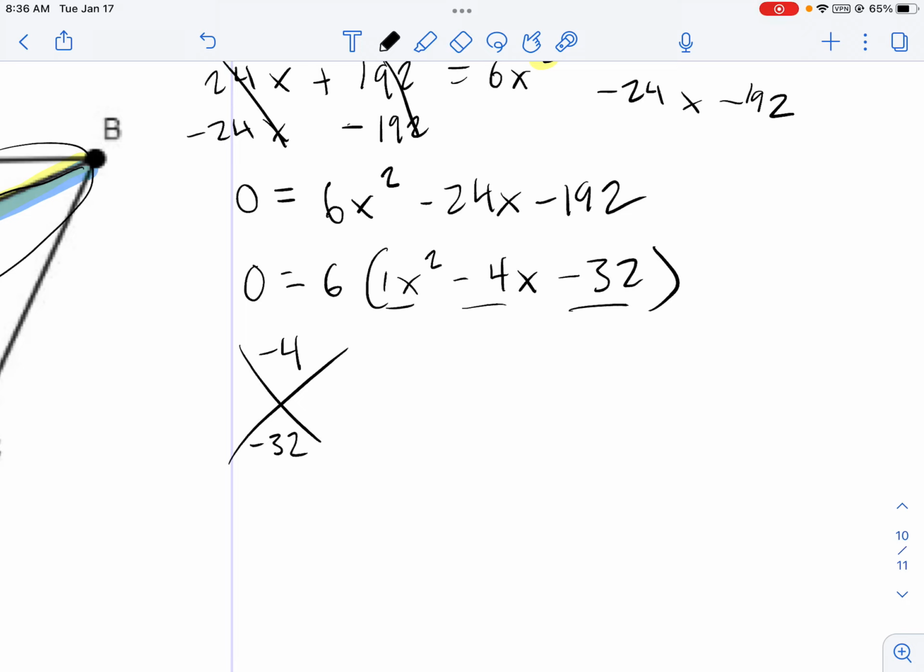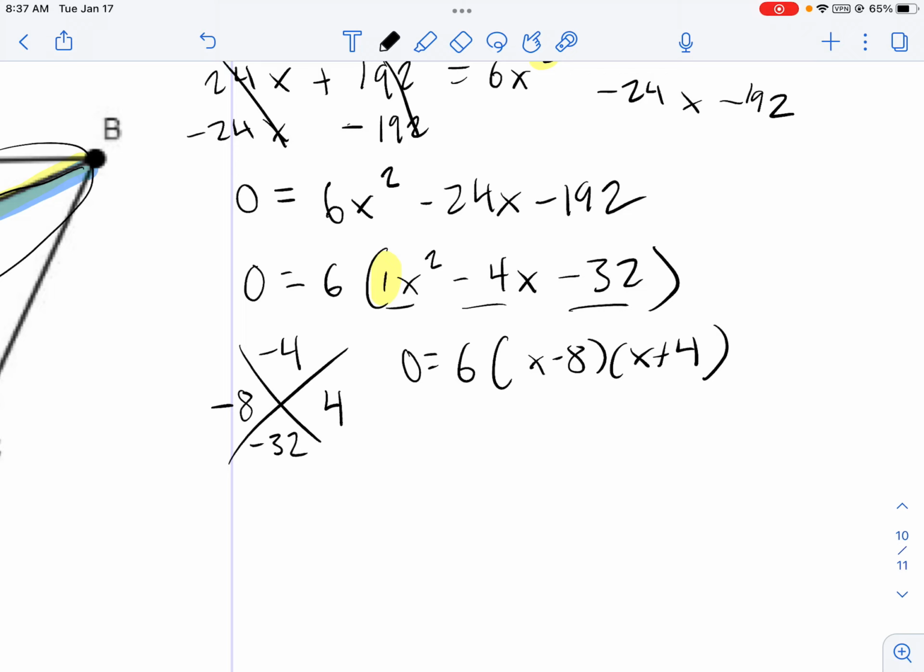Only 2 numbers will work here: 8 and 4. To get negative 32, we use negative 8: negative 8 plus 4 is negative 4, and negative 8 times 4 is negative 32. Those are your numbers. So we have 0 equals 6 times the quantity x minus 8 times x plus 4. We can go straight into those factors only because we have a positive 1 in front. If it wasn't, you'd have to factor the long way.